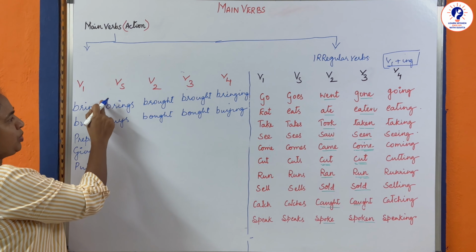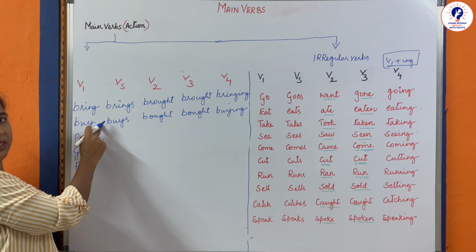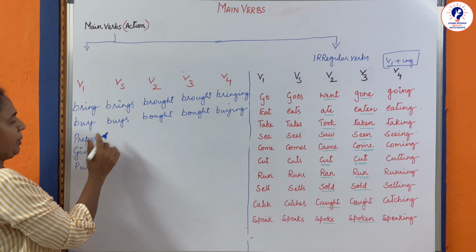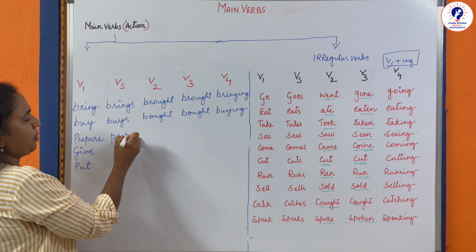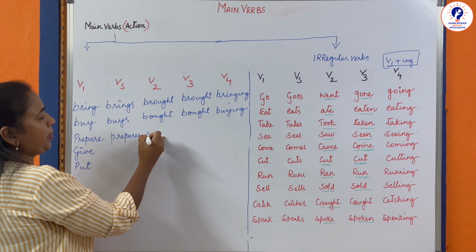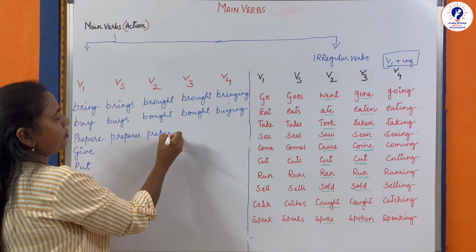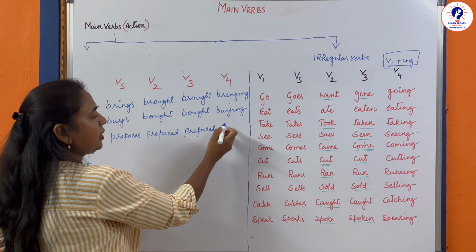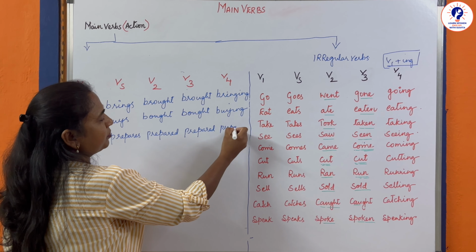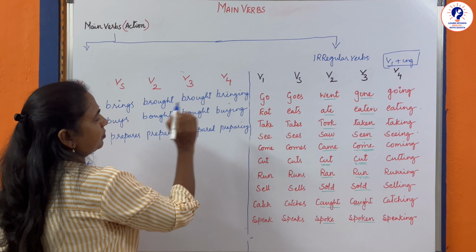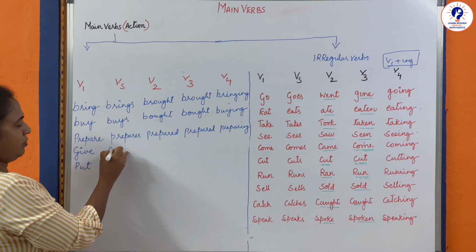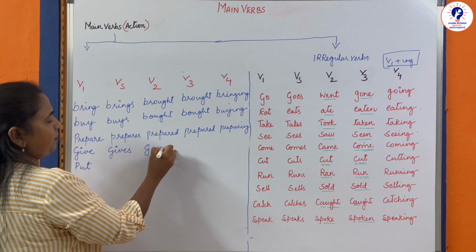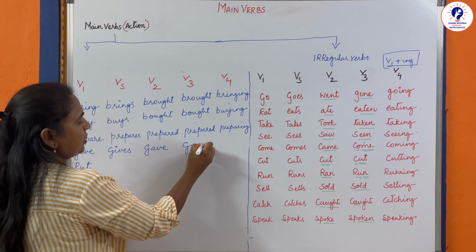Prepare. Now, are these two regular or irregular? These two are irregular verbs. Prepare, prepares, prepared. It's a regular verb. Ed ending. Prepared. This is preparing, ing form. Give, gives, gave, given.